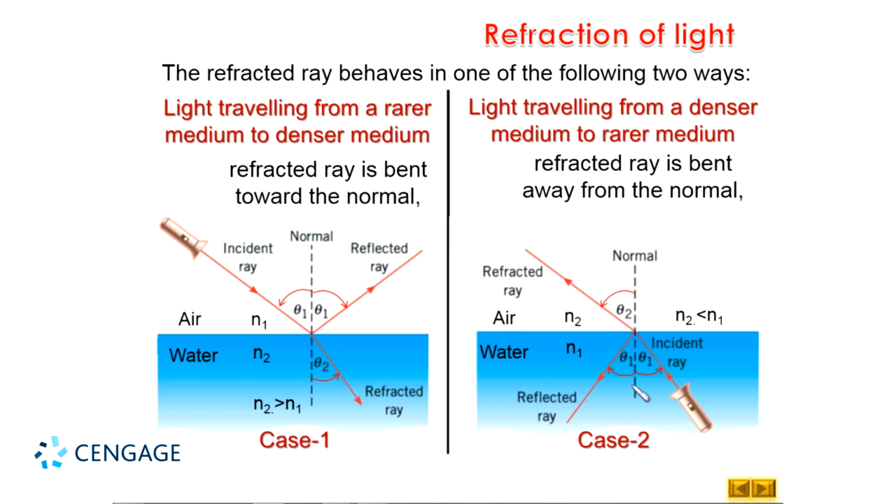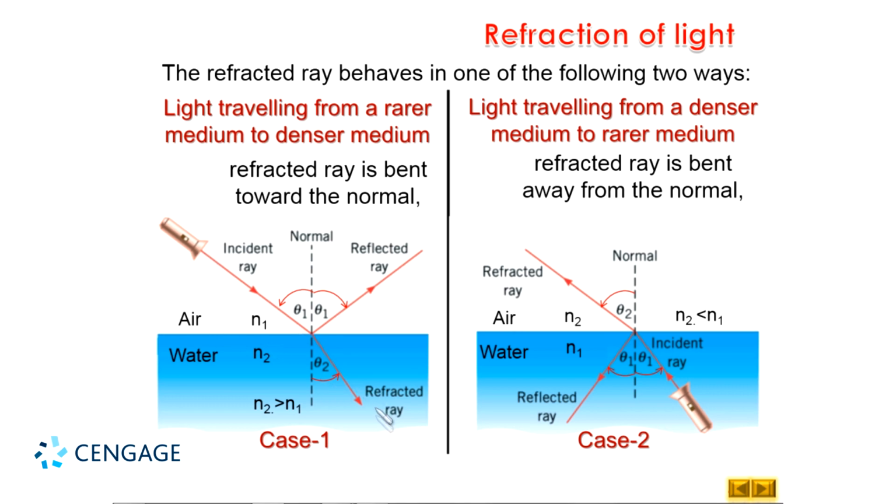Okay. And one more thing you can observe here, that both the incident ray and refracted ray obey the principle of reversibility. You can observe here the light ray is traveling from the rarer medium and reaching this point situated in the denser medium. In the principle of reversibility, if we reverse the path of the light, that is, if we start from the point situated in water and finally the ray reaches the point situated in air, according to the principle of reversibility, the path traced by the light ray will be the same.